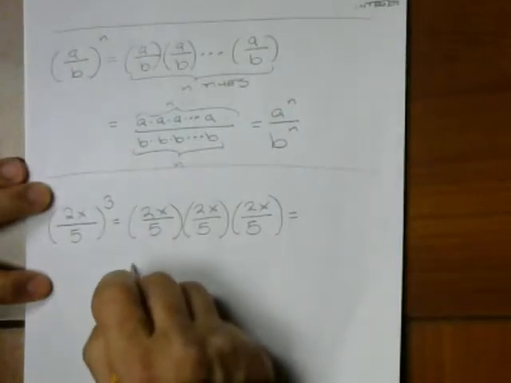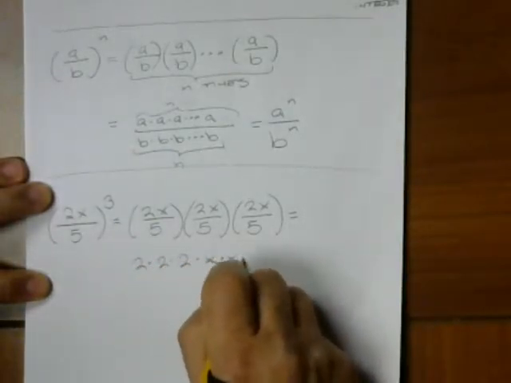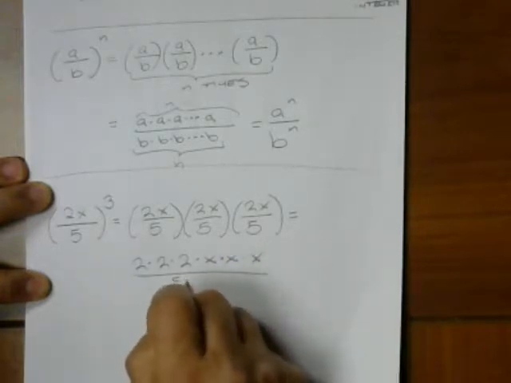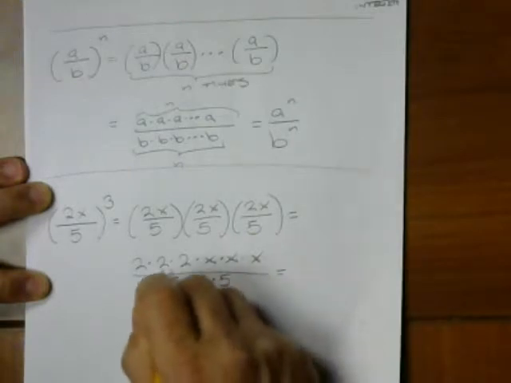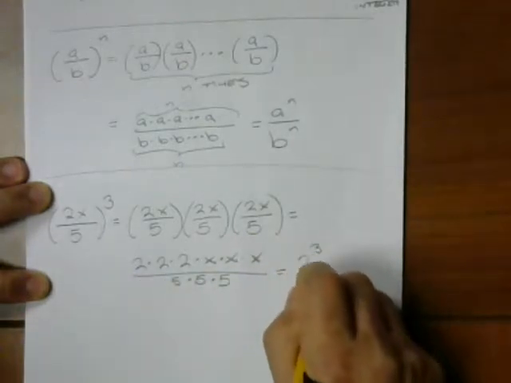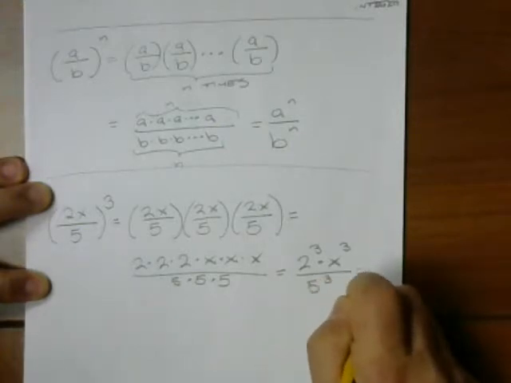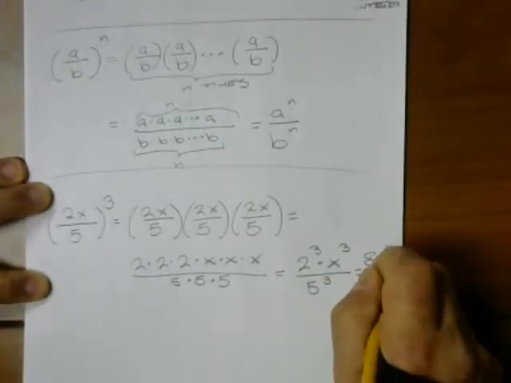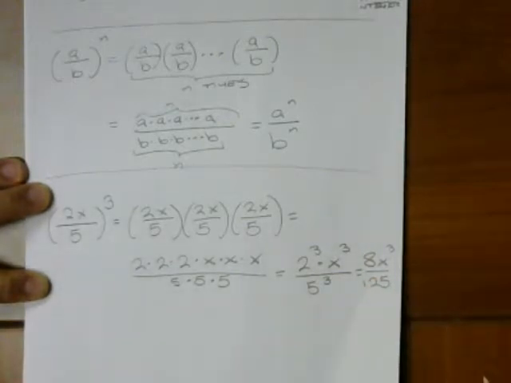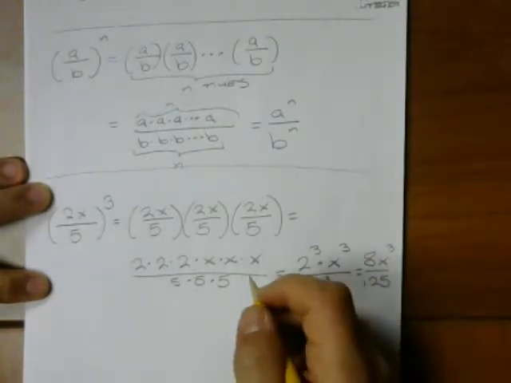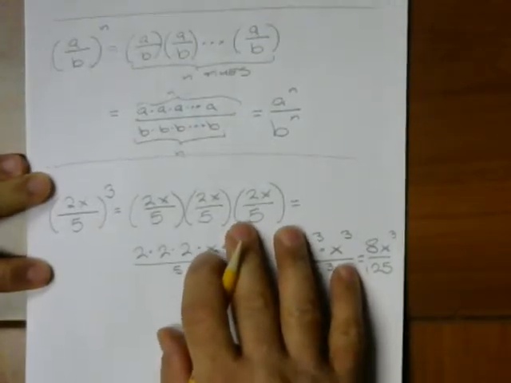Well, we end up with 3 2's in the top times 3 x's over 3 5's. So I have 2 cubed times x cubed over 5 cubed, which is 8x cubed over 125. We can also use the rule, but this is what we would get if we forgot the rule.